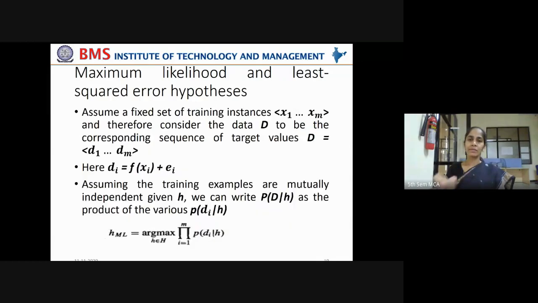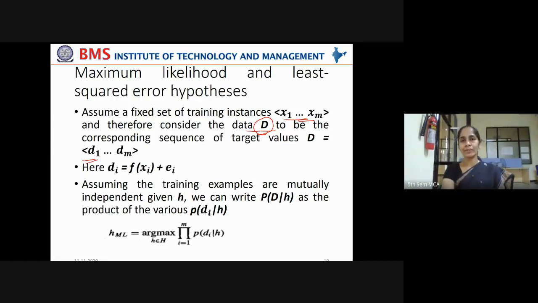Okay. Now assume a fixed set of training instances x1 up to xm, and therefore consider the data D. All training examples you are taking x1, x2, x3 and so on, and therefore consider the data D, the entire training instances set D, to be the corresponding sequence of target values. Now let us think, for x1 the target real value is d1.